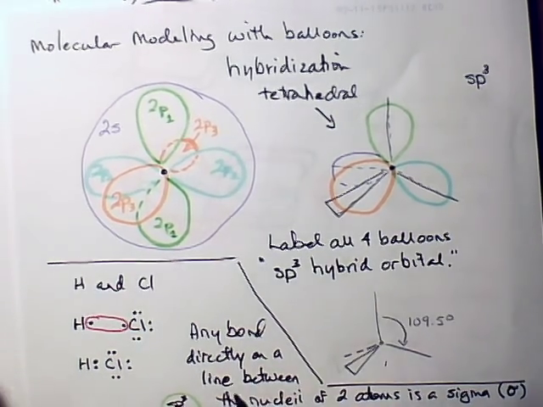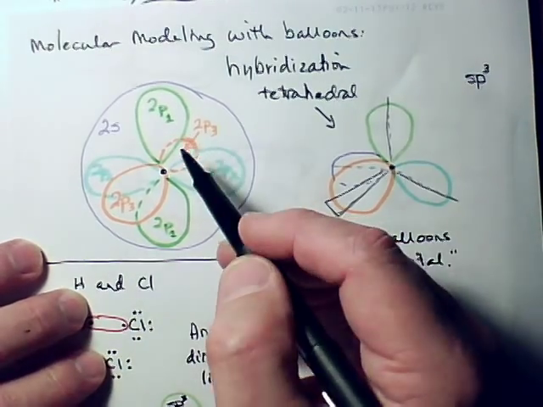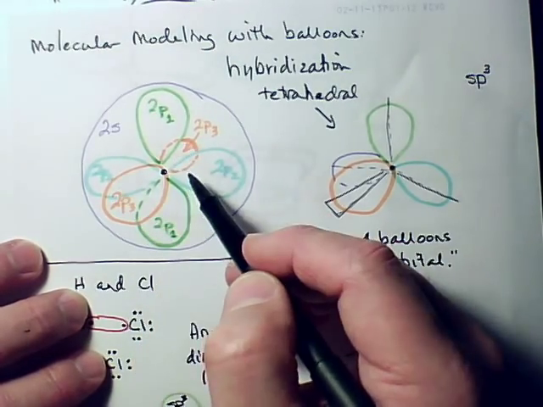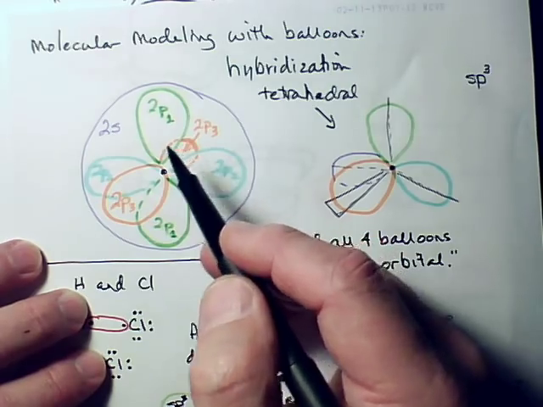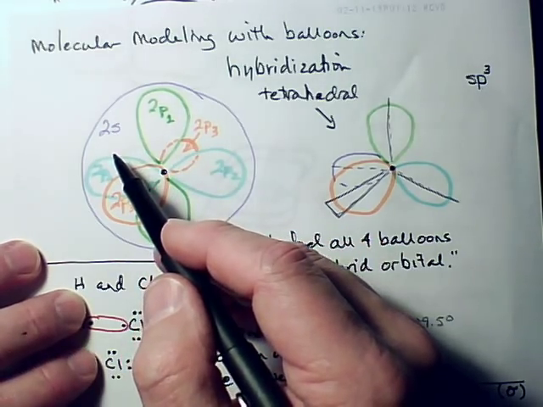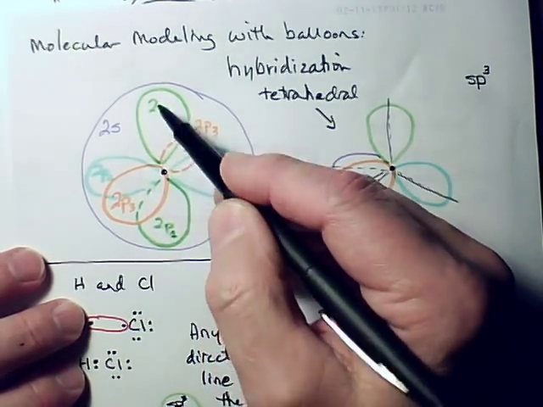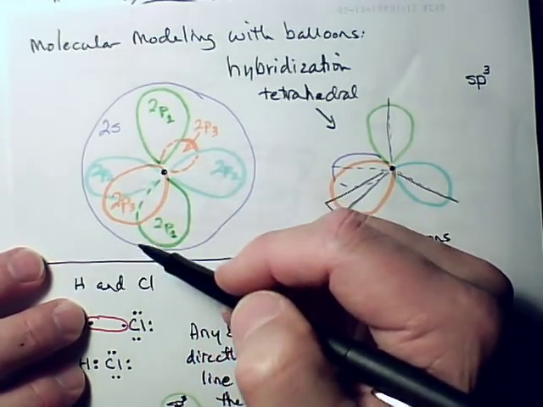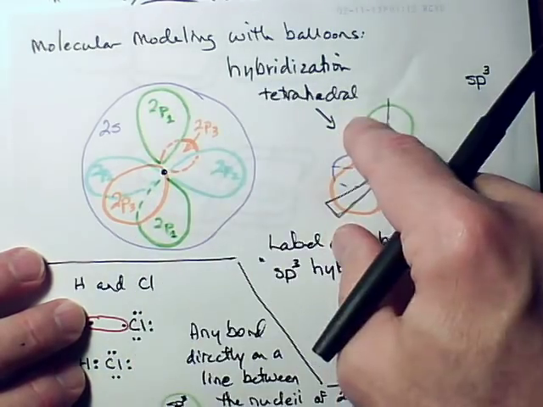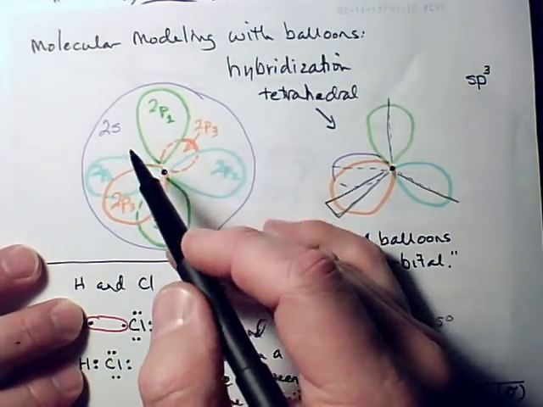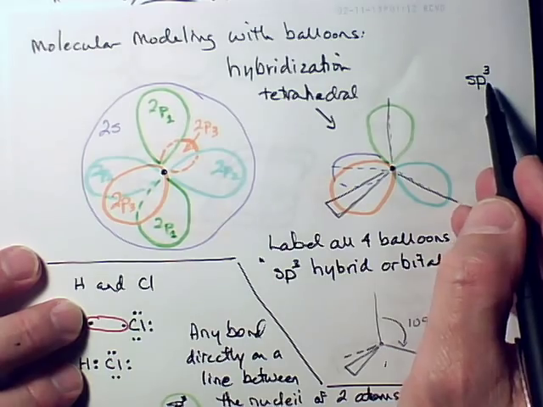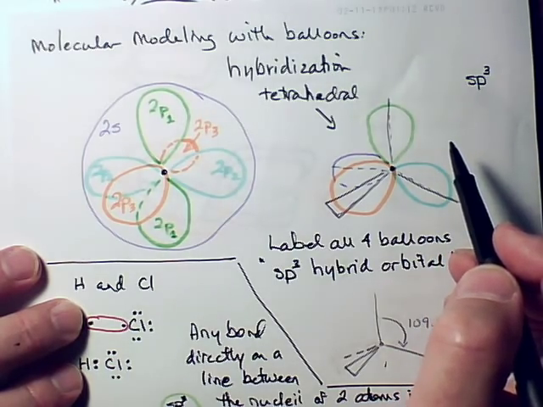If, on the other hand, I only hybridize 2 p's and not 3. We always hybridize the s if we're going to do covalent bonding. That always happens. But if I hybridize only 2 p's, so I'm leaving, say, this vertical p alone, I'm not going to hybridize it because this is going to be involved in some kind of pi bond. If I hybridize only 2 p's, we don't call it sp3, we call it sp2.